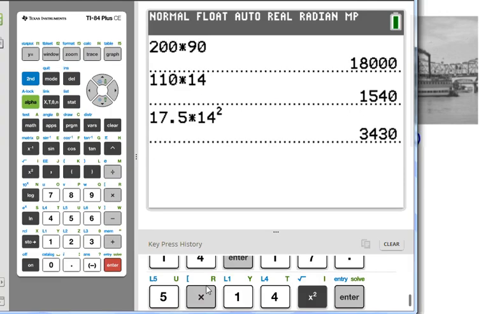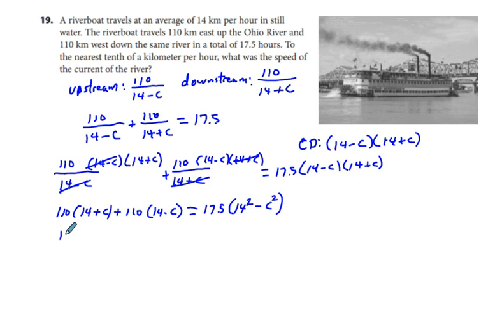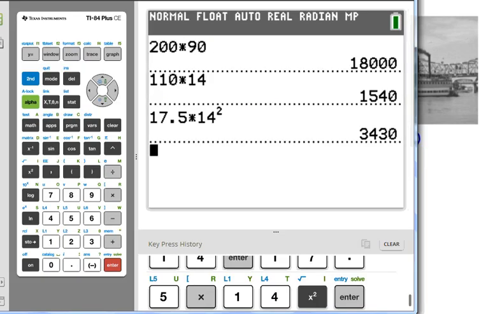So just remembering those here, 1540. So we have 1540 plus 110c plus 1540 plus 110c is going to be equal to 3430, I think it was. Yeah.